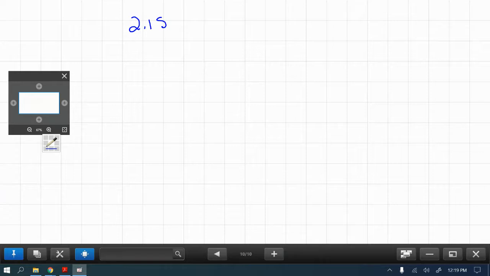215, powers of 10. It just wants it in a power of 10. So what it's essentially wanting you to do is move to 3.